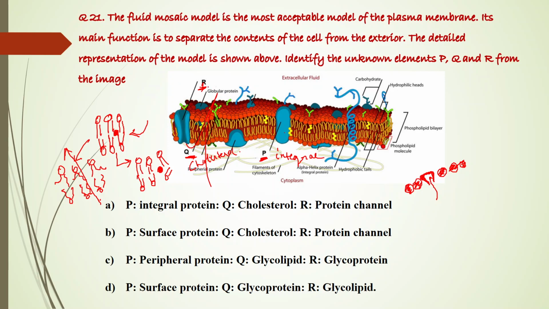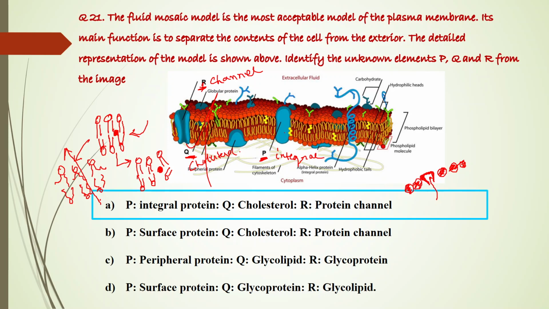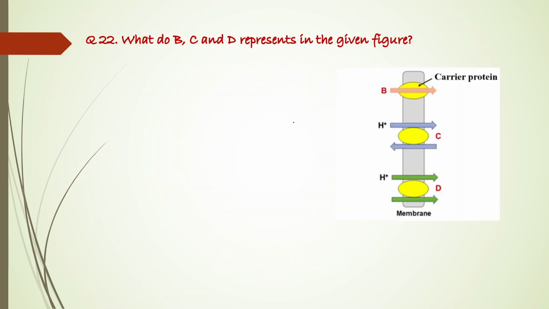That's why R will be known as a channel protein, or a protein channel. So after finding out all these things, the only option that matches is option A, that is P is our integral protein, Q is cholesterol and R is protein channels.